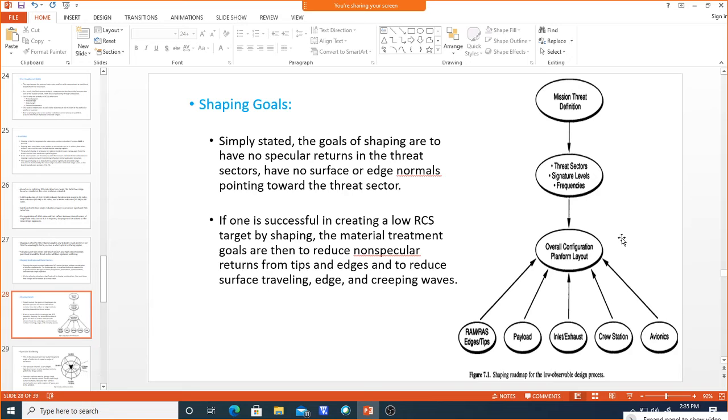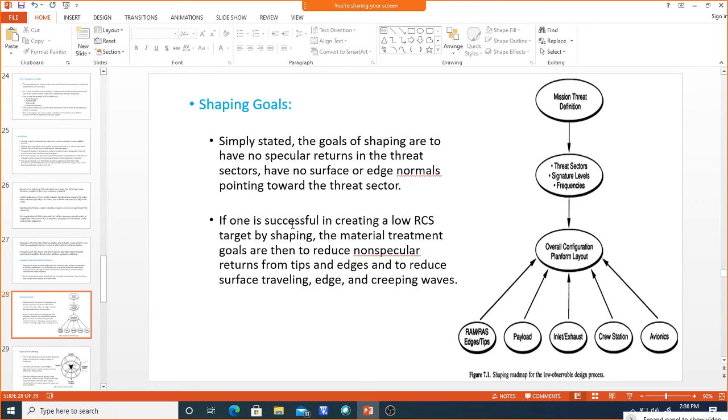That means if you apply shaping techniques and have already achieved low RCS, but you still have some non-specular returns, you can reduce them by using other methods, like addressing the non-specular returns from tips and edges, to reduce surface traveling waves, edge waves and creeping waves. All these things from the non-specular regions we can handle for radar cross section reduction with other techniques also.